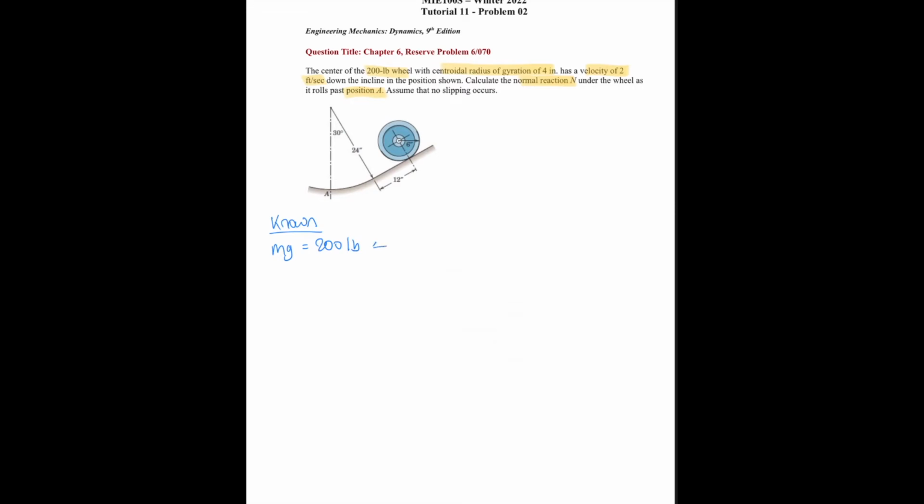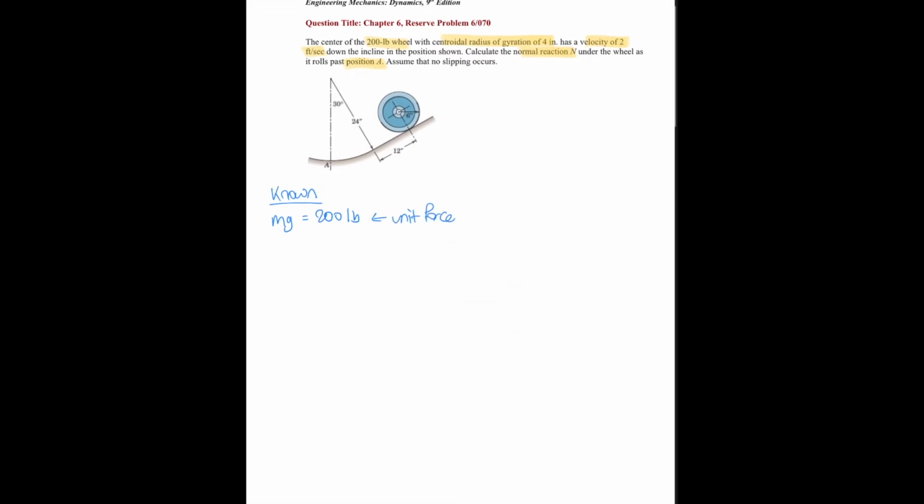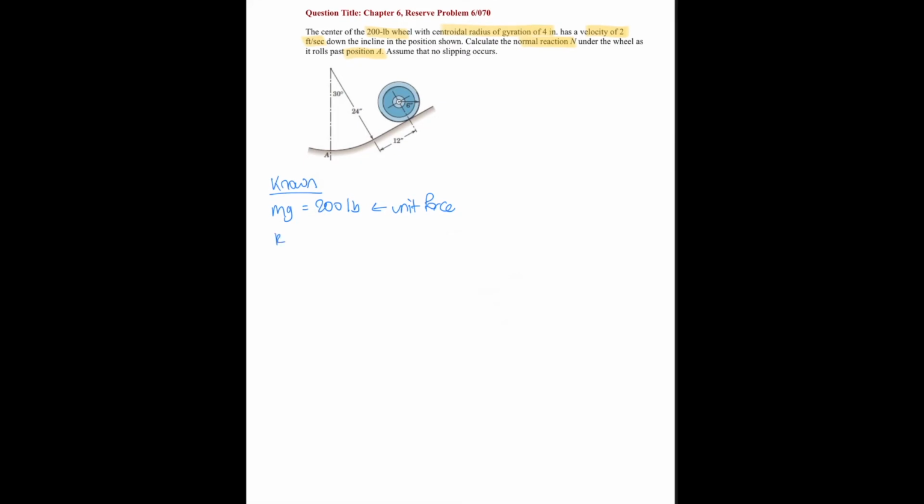This 200 pounds is a unit of force, not a unit of mass. It's important to know that. Our radius of gyration k is 4 inches, or 0.33 feet. To convert from inches to feet, we divide by 12. So inches divided by 12 is equal to feet.